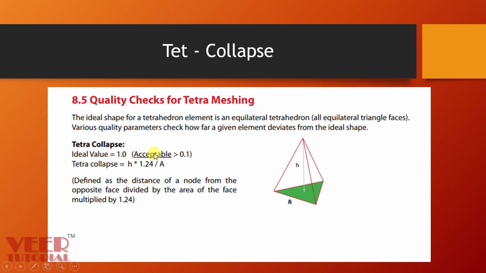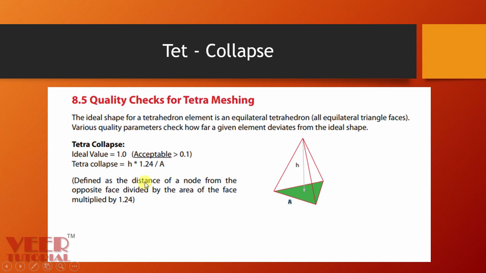Now to calculate the value of tetra collapse, the ideal value of TAT collapse is 1.0 and the tetra collapse is calculated by this formula, that is h, the height, multiplied by 1.24, divided by the area.